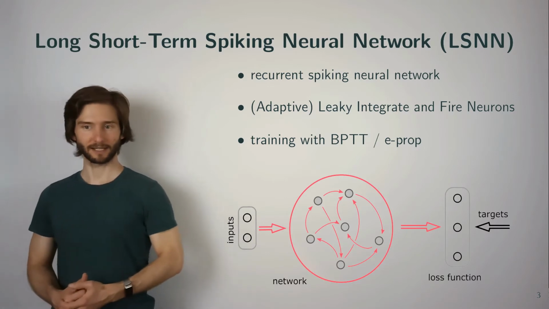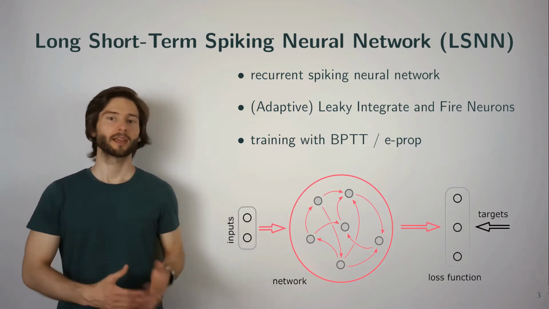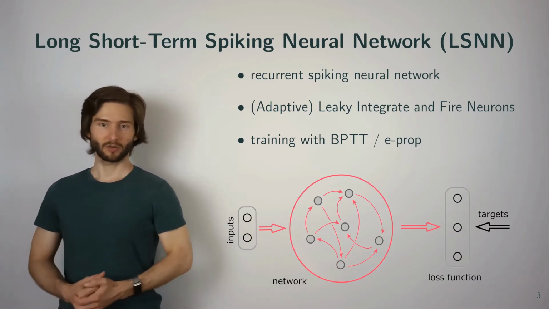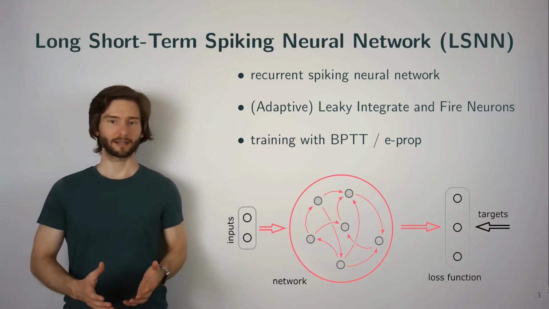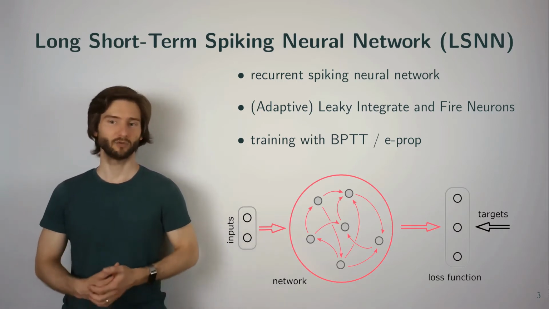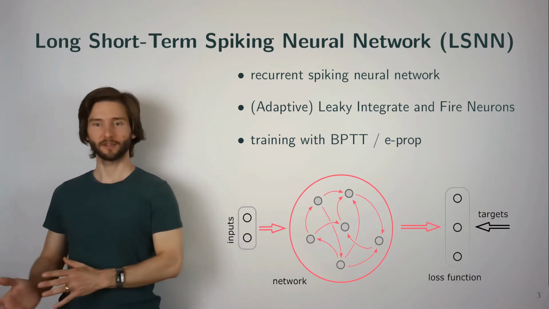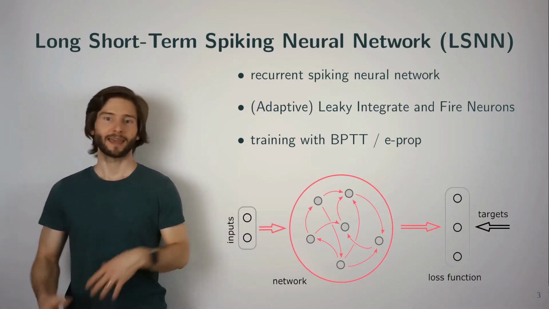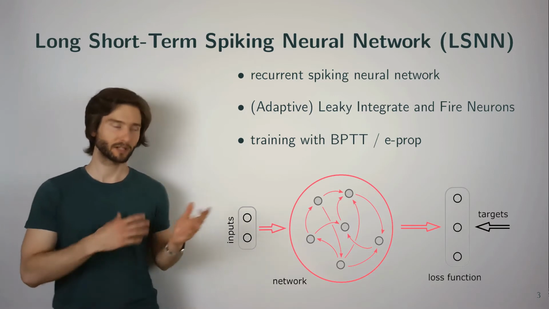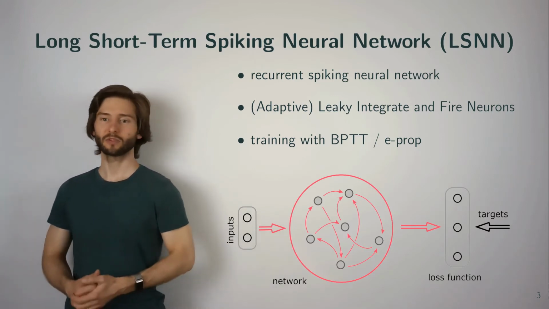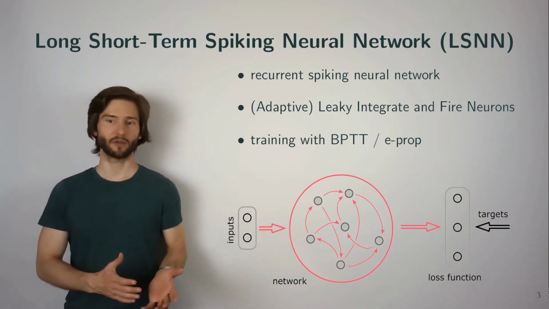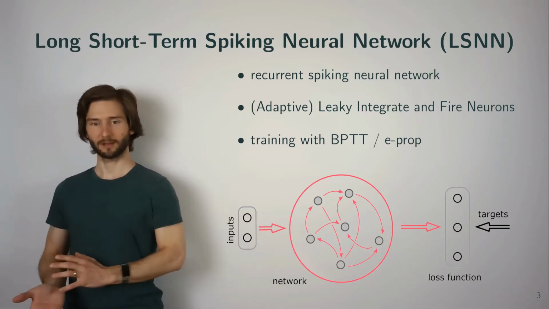But let's start at the beginning with the architecture. We use a so-called long short-term spiking neural network proposed by Bellec et al., which is a kind of recurrent neural network, and it is composed of adaptive and non-adaptive leaky integrate-and-fire neurons. And the training of this LSNN, to which I come in a minute, can be done with a few tricks in your regular autograd framework like PyTorch, for example.